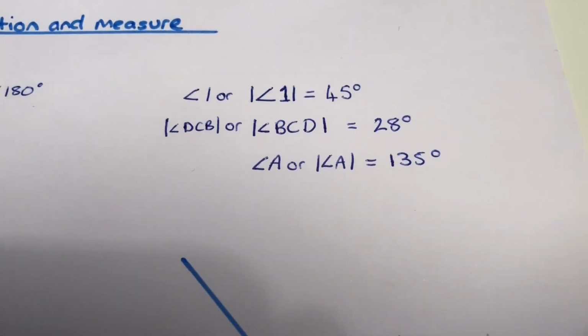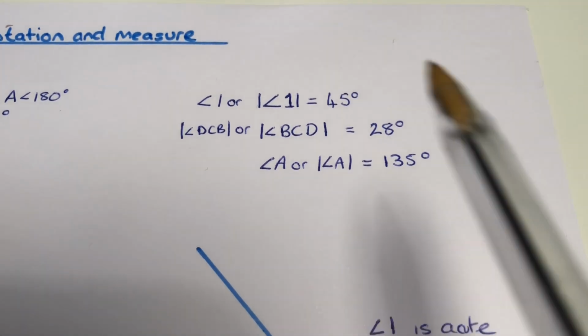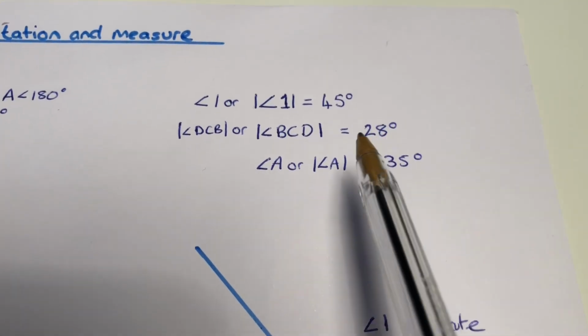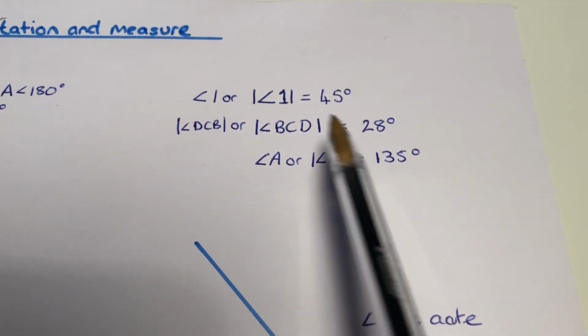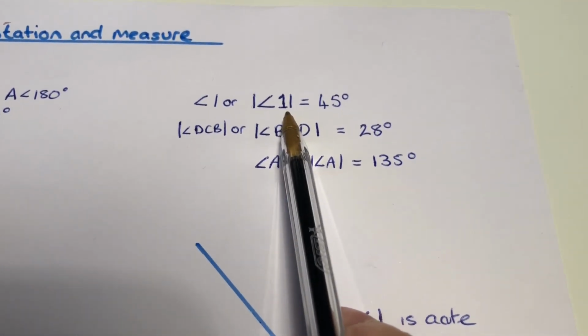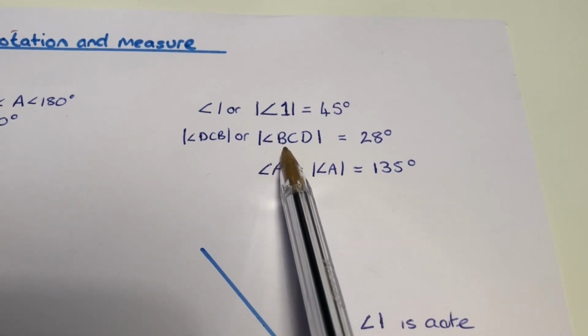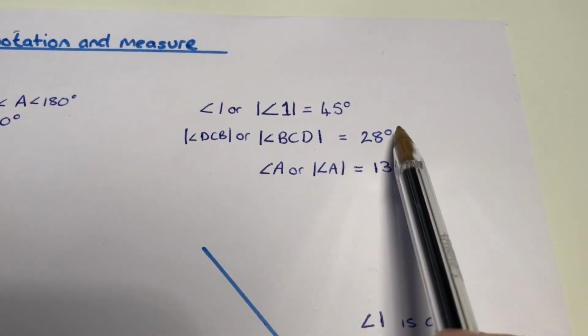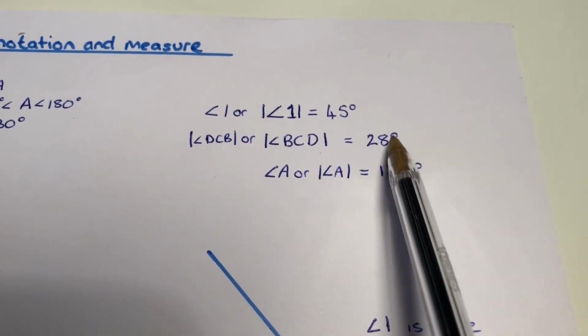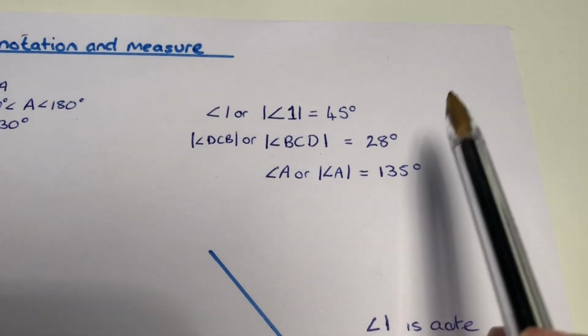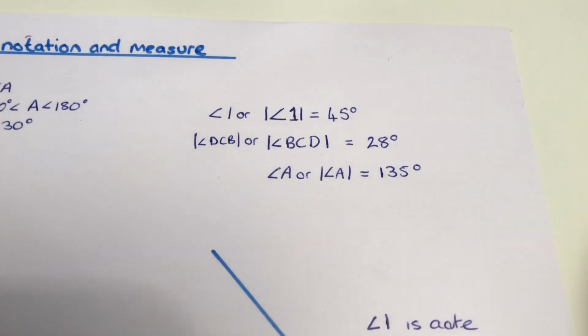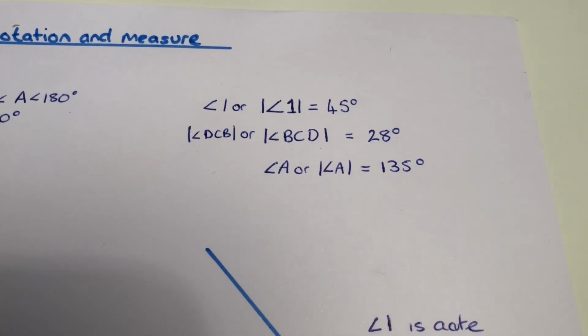So in our answer to our test or exam, this is how we would show our 3 answers. The measure of angle 1 equals 45 degrees. The measure of angle BCD is 28 degrees. Remember the little small circle in the top right-hand corner. It has to be small enough that you don't accidentally mistake it for a 0.